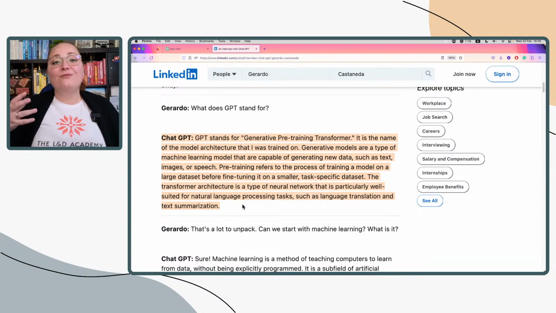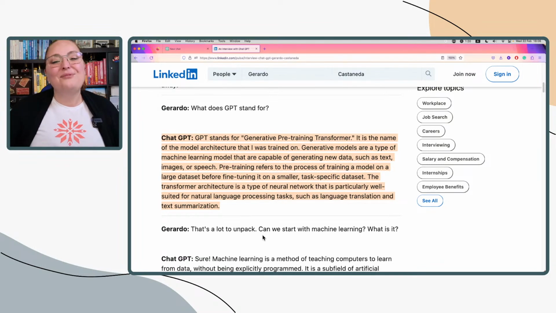And then the transformer architecture is a type of neural network that is particularly well suited for natural language processing tasks, such as language translation and text summarization. And yes, as you can see, Gerardo here said that's a lot to unpack.